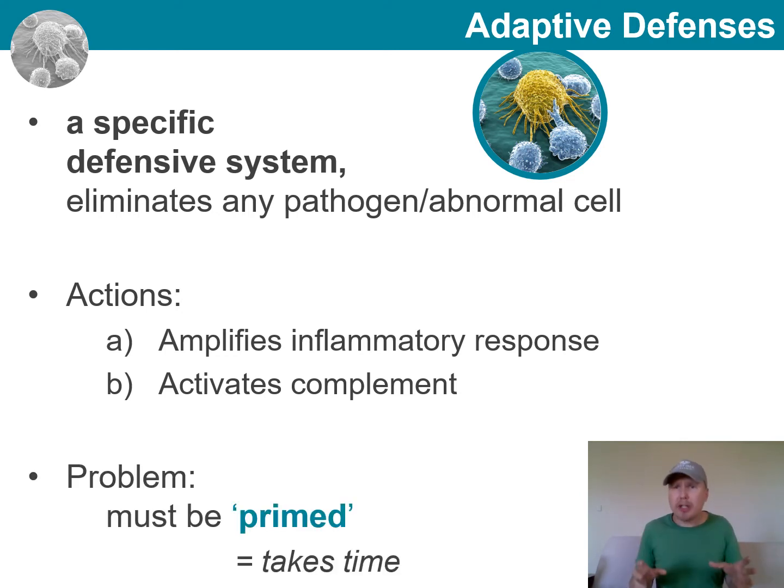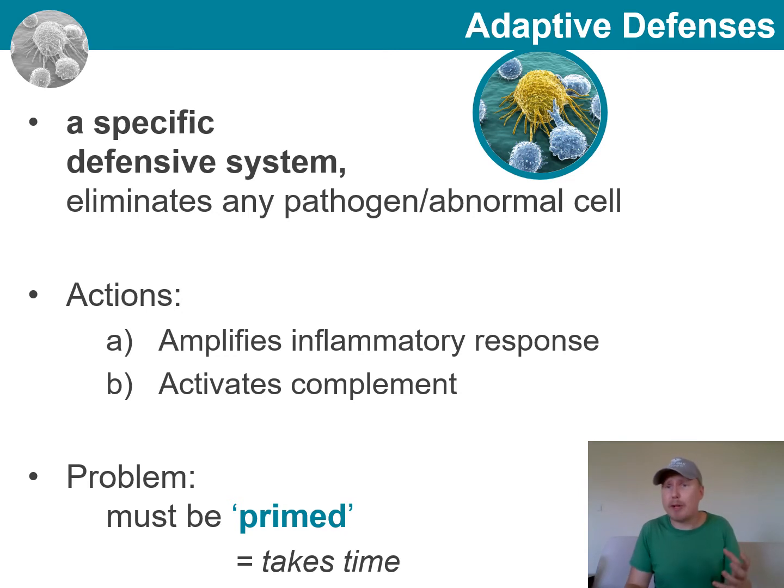However, the shortcoming of this branch is that the system must be primed. This means that we need to have had an initial exposure to a specific foreign substance before this system becomes effective in responding to it. And this priming, as we call it, takes time.